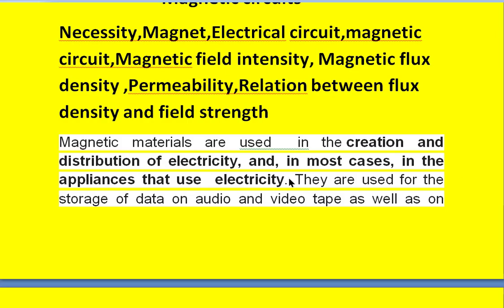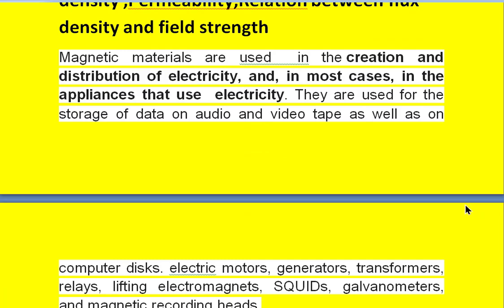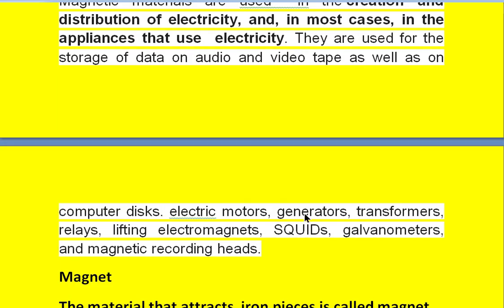These are used for the storage of data of audio and video tapes, as well as computer disks, electric motors, generators, transformers, relays, lifting electromagnets, galvanometers, and magnetic recording heads. Everywhere, in almost all modern instruments, magnetism is important.